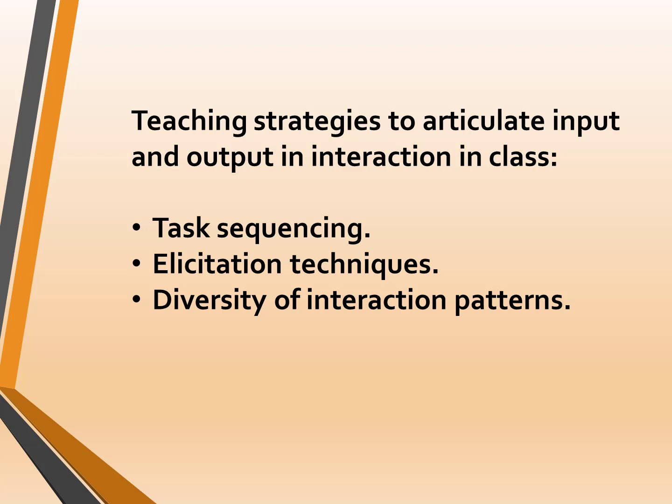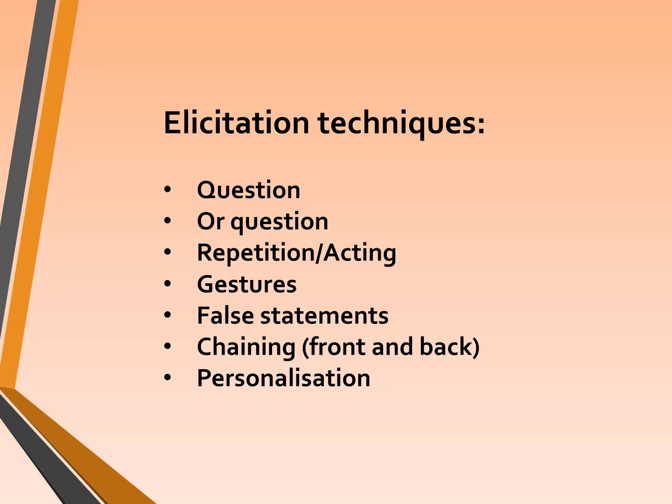So let's now pass on to the second teaching strategy to articulate input and output in interaction in class: elicitation techniques. Among the many ways in which teachers help students produce the language, elicitation techniques seem to be crucial. What is an elicitation technique?